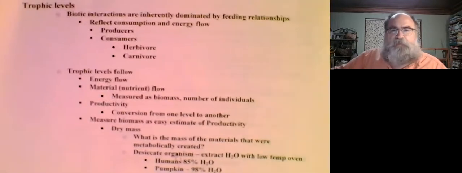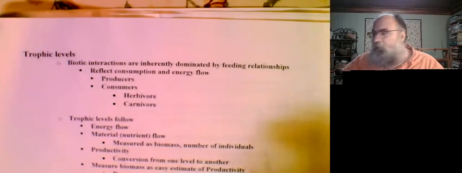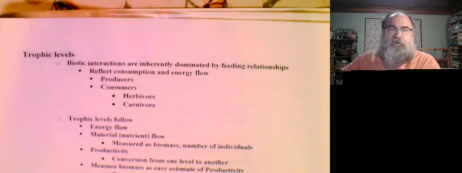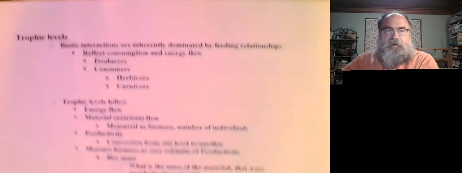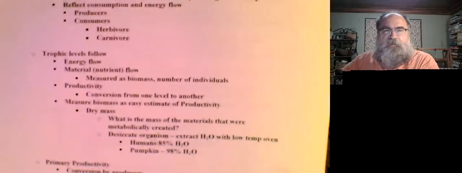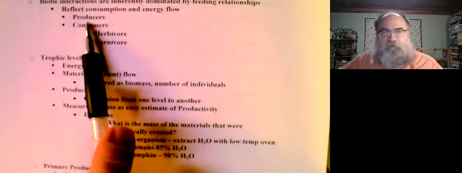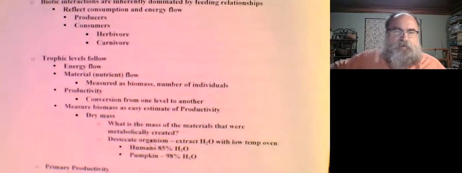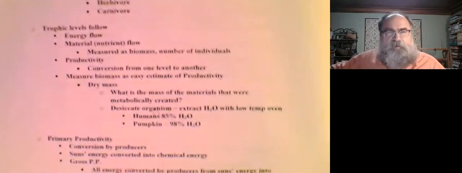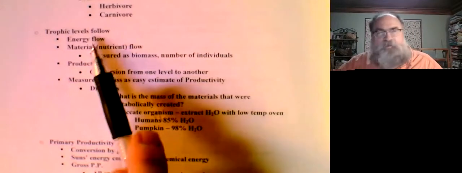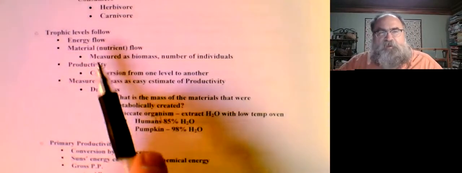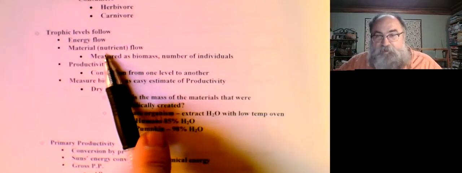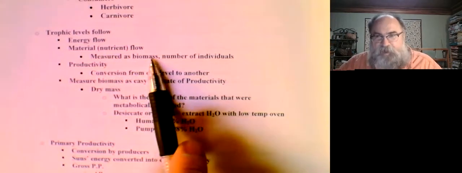Okay, I had previously talked about feeding levels, the trophic levels, right? Trophic feeding. And so when we look at biotas, we've got to have the base level of producers and consumers, with the herbivores and carnivores. And so when we look at all of this, what we're seeing is the flow of energy, the flow of materials, right? The macronutrients, the biomass, right?